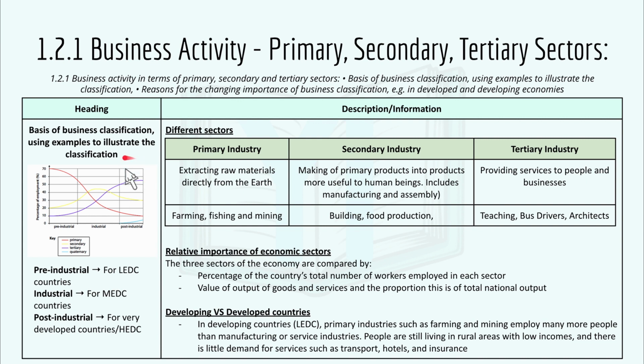And in the post-industrial, for the very developed countries, or the HEDC, there's more of the tertiary sector, very little primary, medium secondary industry, and the quaternary industries start to grow as they go into the research and development as their technology increases, like the United States or Japan.